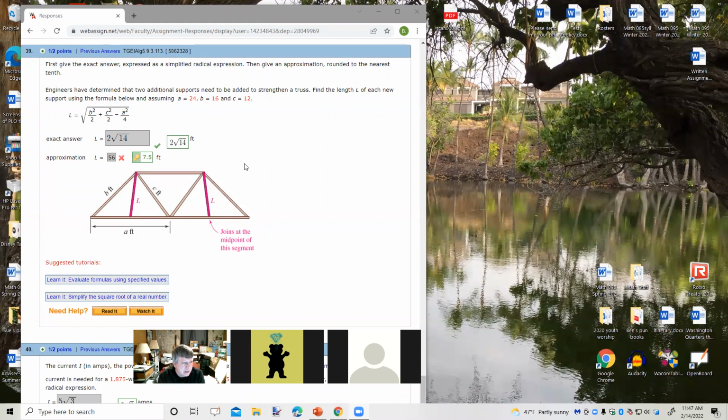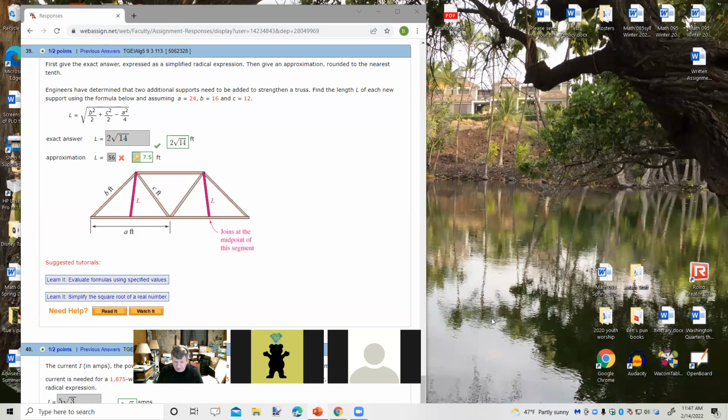Okay. So L equals the square root of B squared over 2, but B is 16. So 16 squared over 2 plus C squared over 2, which is 12 squared over 2, minus A squared over 4, which is 24 squared over 4.